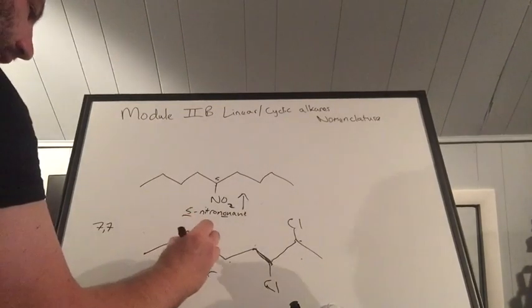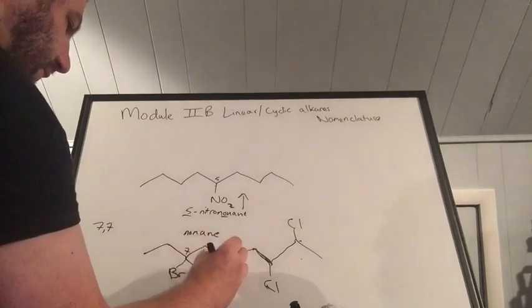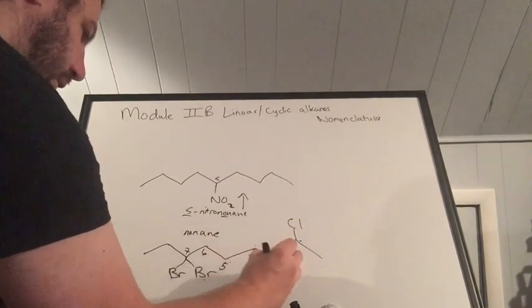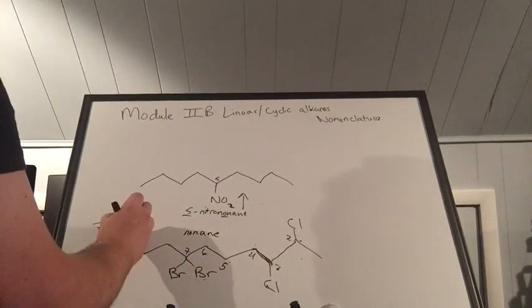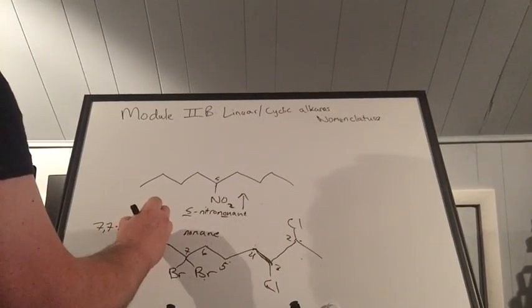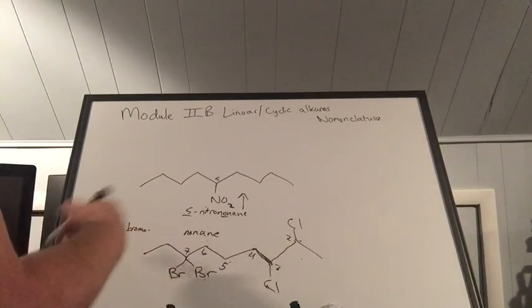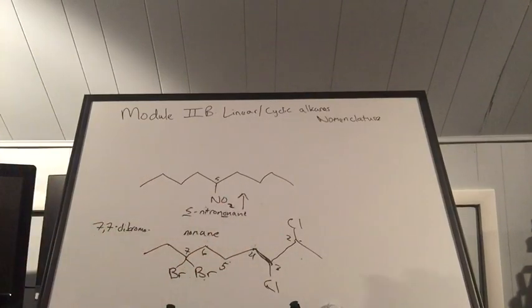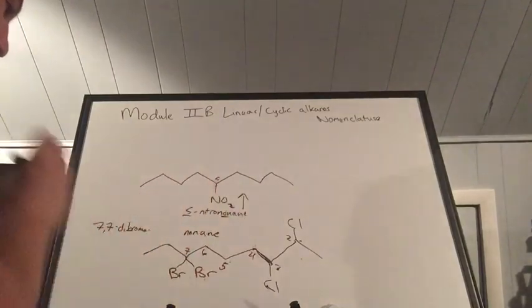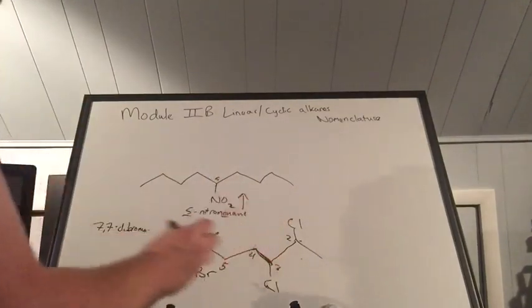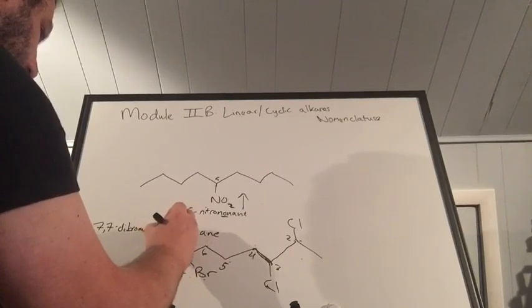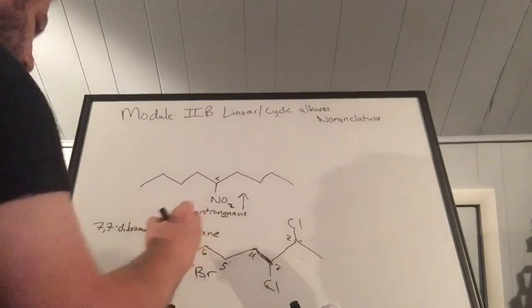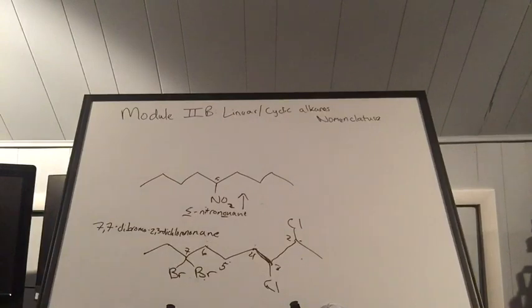Remember, this is going to be locator number 7. 6, 5, 3, 2, 7, dibromo. And then hyphen for the next series of substituents that are hanging off or branching. So that's going to be 2, 3, dichloro, nonane. And that's it. All right.